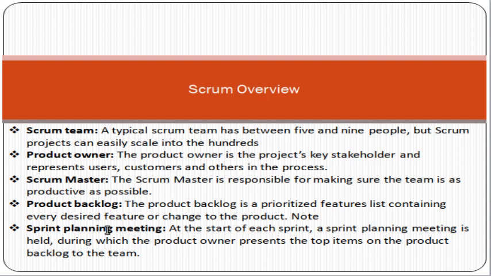Sprint planning meeting means, friends, that when you maintain the product backlog, before starting the sprint of a 3 to 4 weeks time period, you do the sprint planning meeting. For example, if there are 40 tasks in the product backlog, before starting the sprint you take 10 tasks from the product backlog, and decide how much time will be required, how you will do that task, and what the complexity of the requirement is.